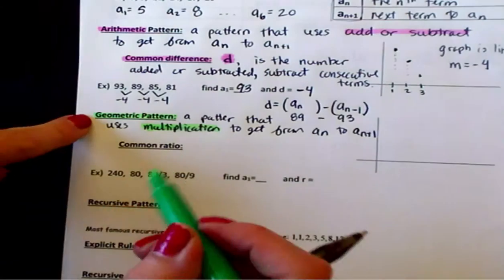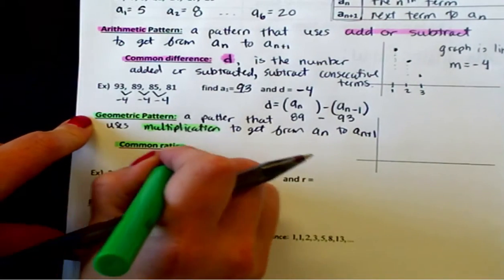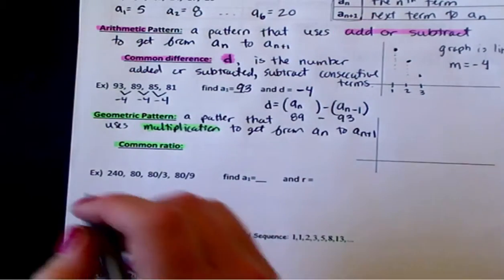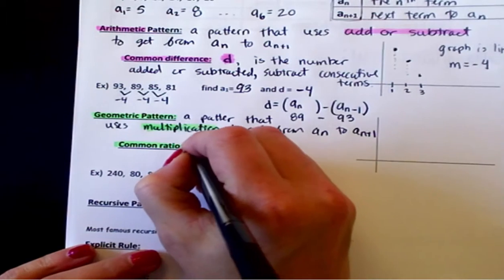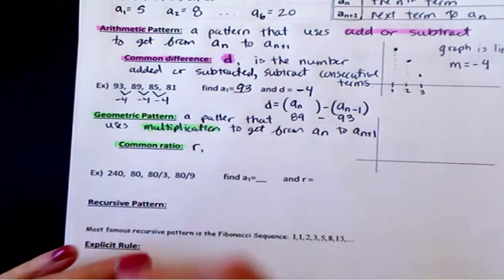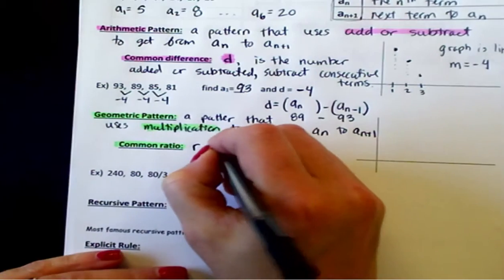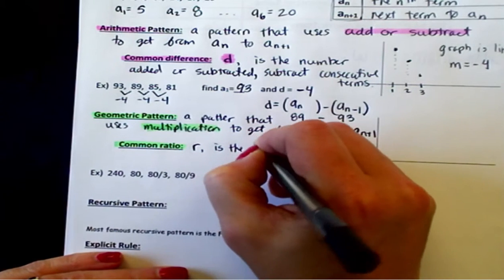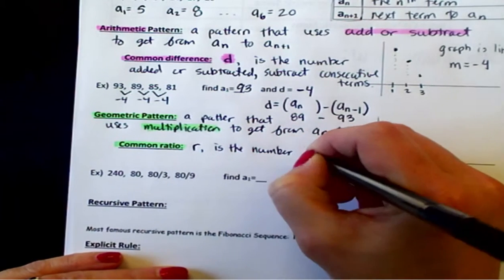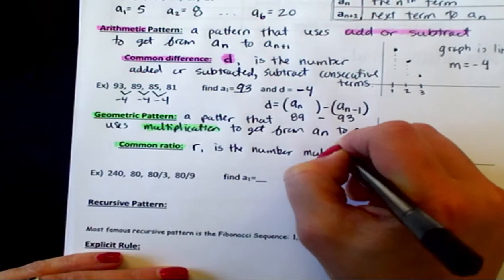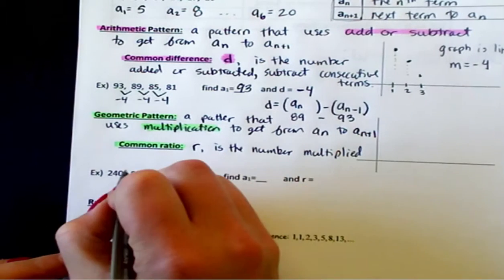This particular pattern has something called a common ratio. The common ratio is r, the number multiplied.